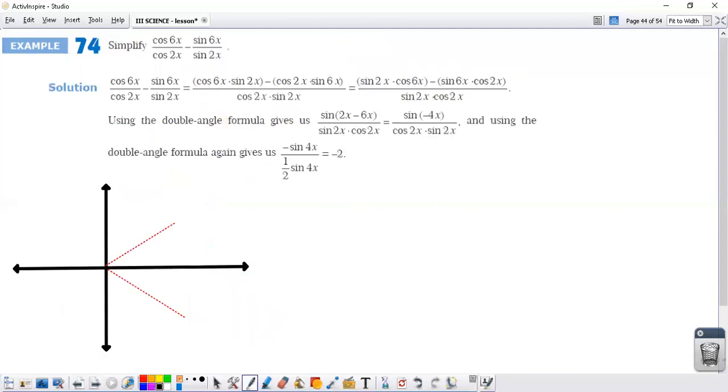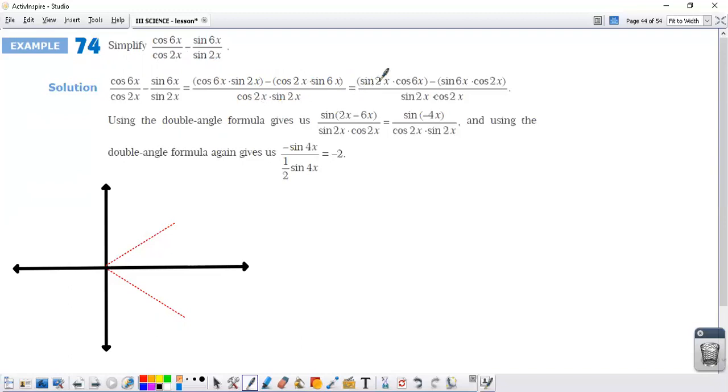For example 74, we're going to find cosine 6x over cosine 2x minus sine 6x over sine 2x. First, we will equalize the denominator, so I'm going to multiply cosine 2x by sine 2x and sine 2x by cosine 2x. When we multiply at the top, we will have cosine 6x times sine 2x minus cosine 2x times sine 6x, divided by cosine 2x times sine 2x.